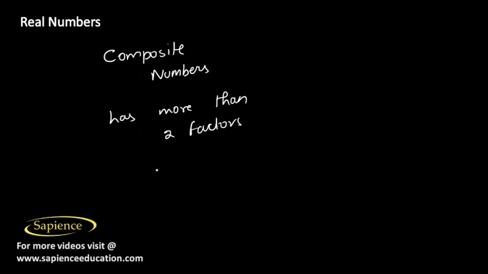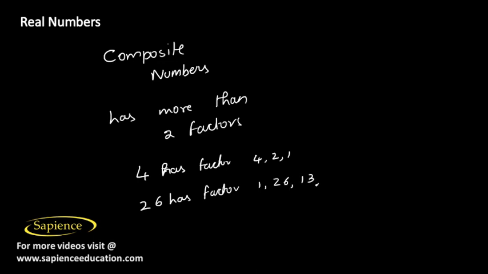What are composite numbers? Composite numbers have more than two factors. An example is 4. 4 has factors 4, 2 and 1. It has 3 factors. 26 has factors 1, 26, 13 and 2.